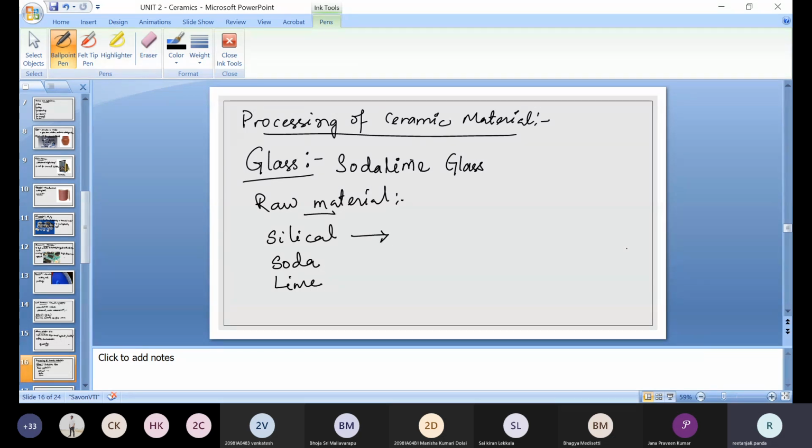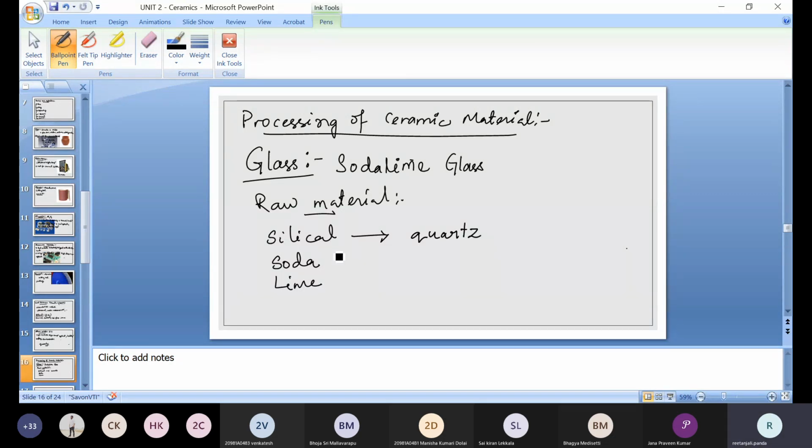Here the silica we are using is nothing but quartz material. As I told you in the previous class, silica is silicon oxide, which we use for making lab glasswares, thermal insulators, and optical fiber. So here the silica we are using is quartz.